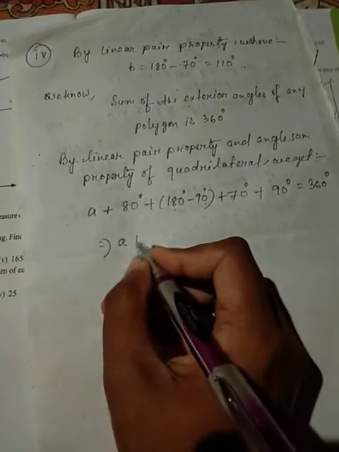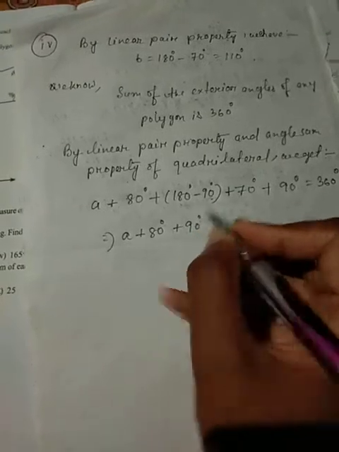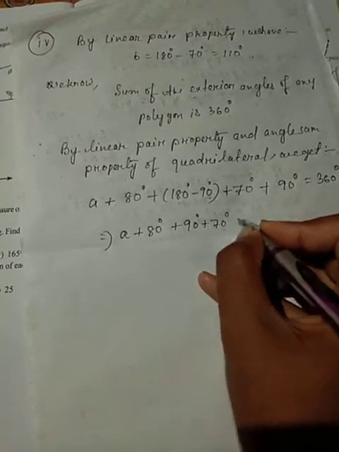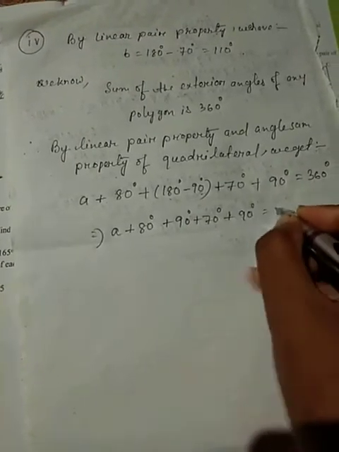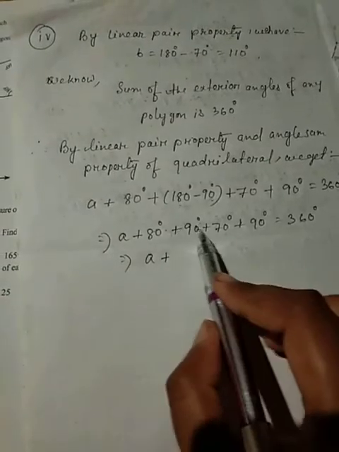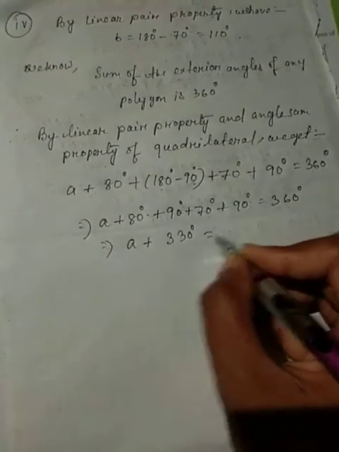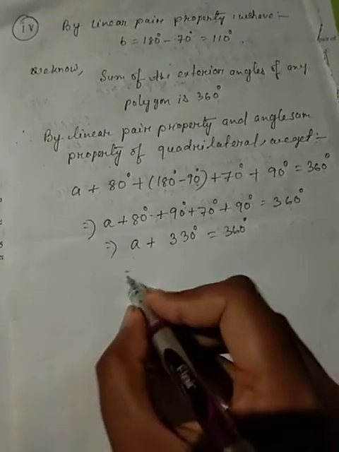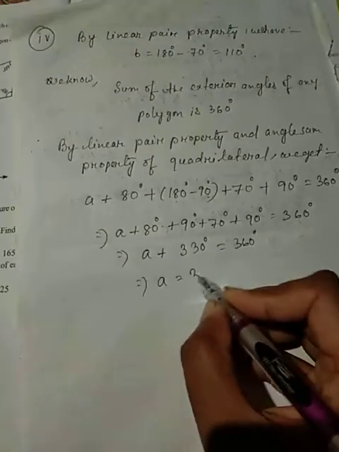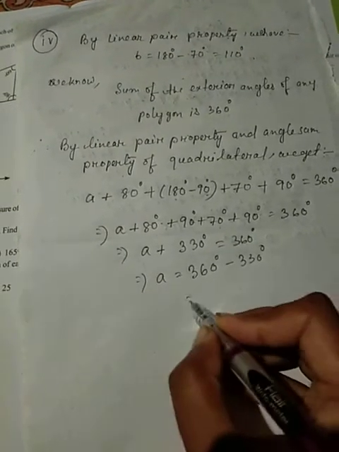It implies A plus 80 degree, 180 minus 90 is 90 degree, plus 70 degree plus 90 degree equal to 360 degree. The sum of these angles is 330 degree equal to 360 degree, implies A equal to 360 degree minus 330 degree equal to 30 degree.